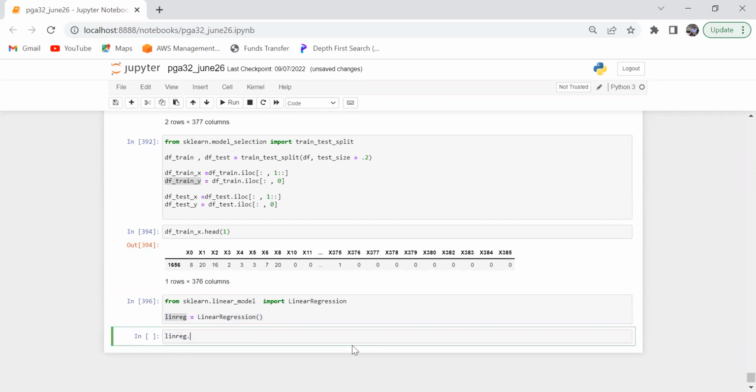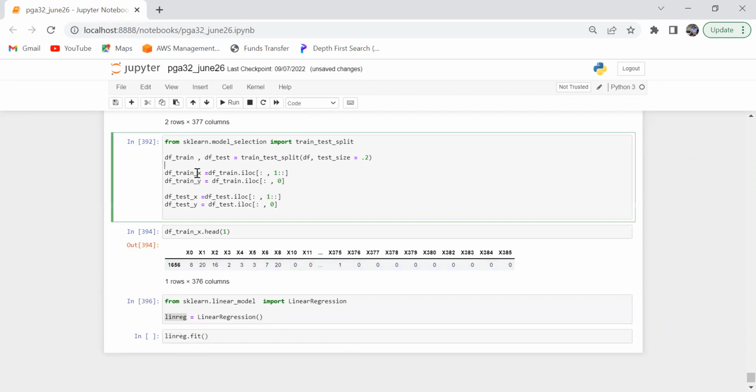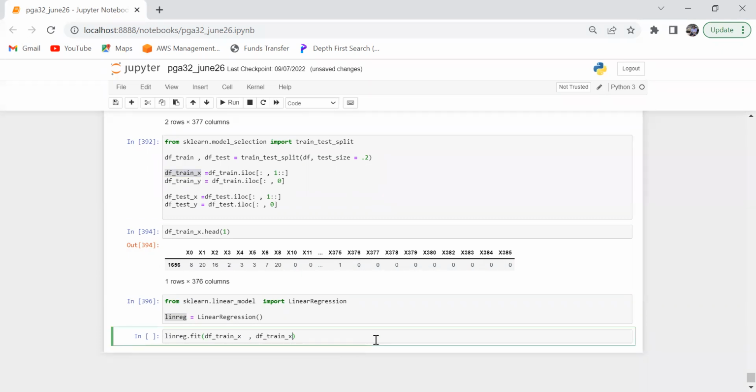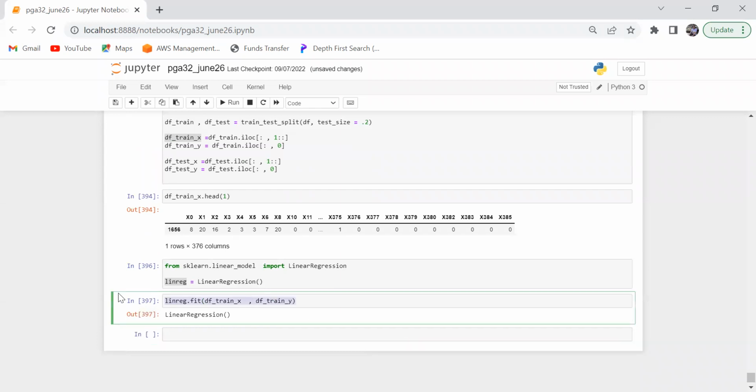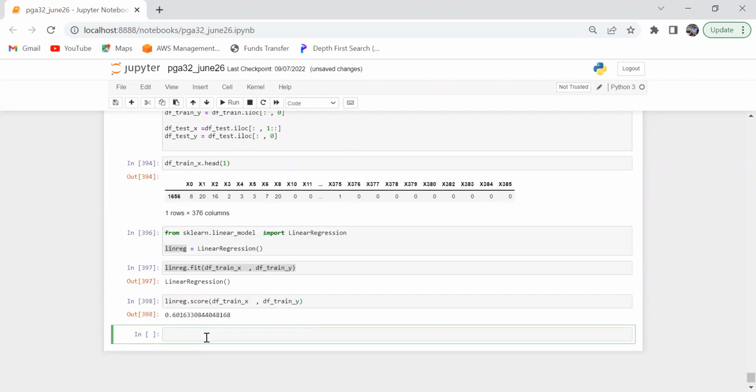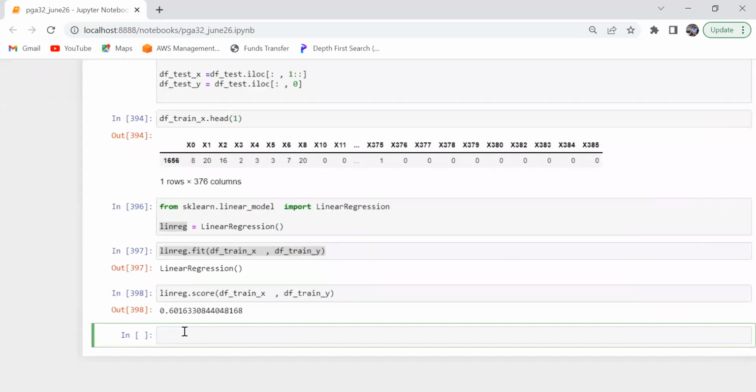Linear regression dot fit. And what I can do is I can just pass my x and y. Model fit. And instead of it, if I do the score, I'll get my R square. So R square 0.60.